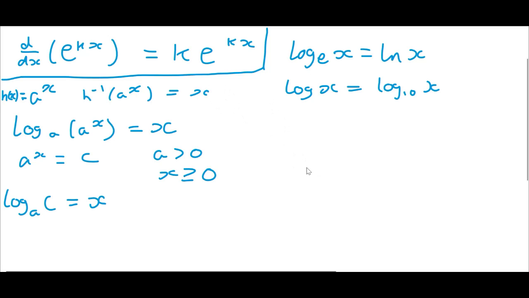Let's draw the graph of ln x, and also note here that by this definition, log base a of x, that means that ln x is the inverse of e to the x. Okay? And we're going to draw the graph.